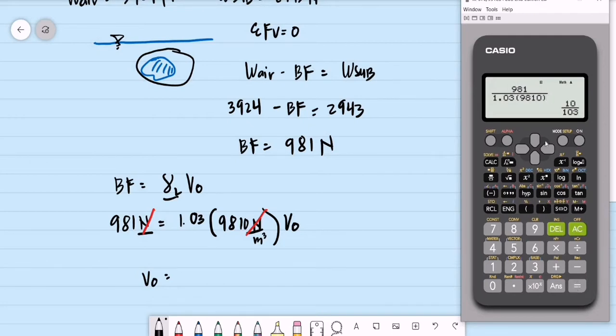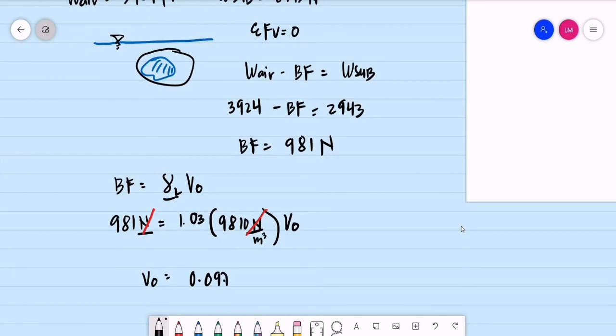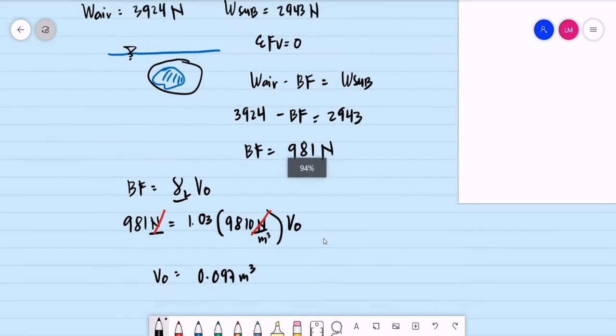So we have the volume equal to 0.097 cubic meter. So what is next?